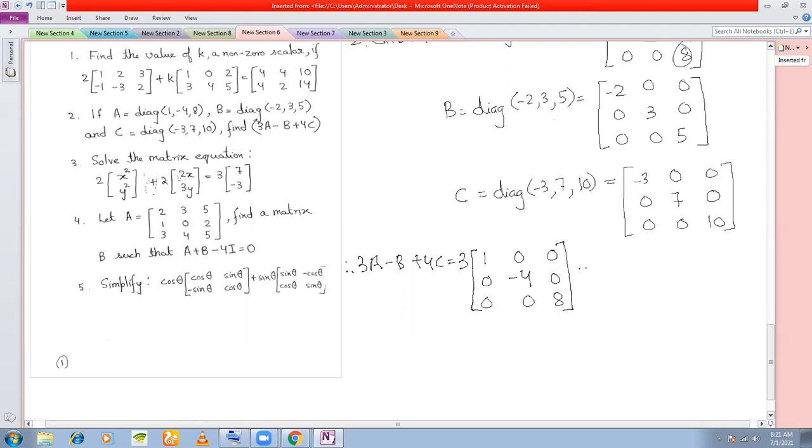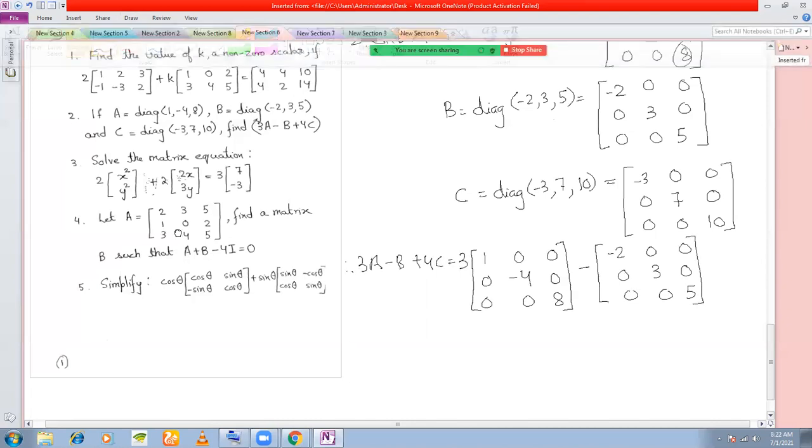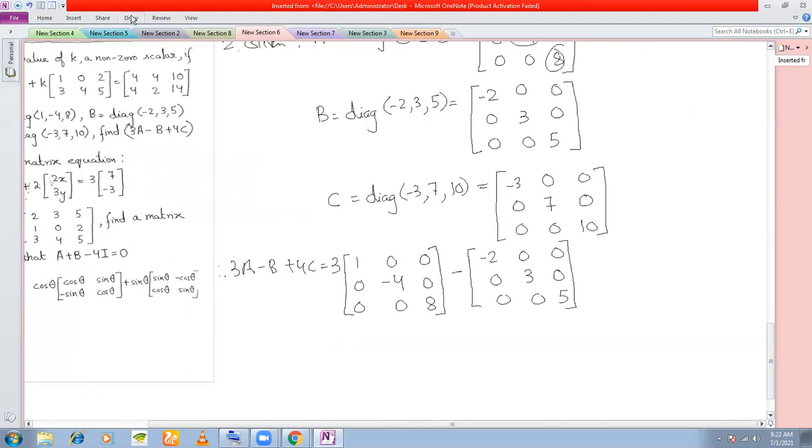This is, and minus B. Matrix B above is minus 2, 0, 0, 0, 3, 0, 0, 0, 5. And plus 4 times C: minus 3, 0, 0, 0, 7, 0, 0, 0, 10.